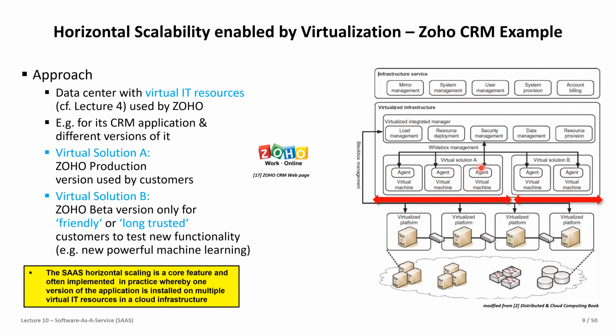Let's say you have a virtual solution A, might be your current version of the software, but your beta version of the next version is only accessible for a couple of them. And both of them you can shrink up and down as required. So this is new functionality, which is enabling lots of the successes of all of this.